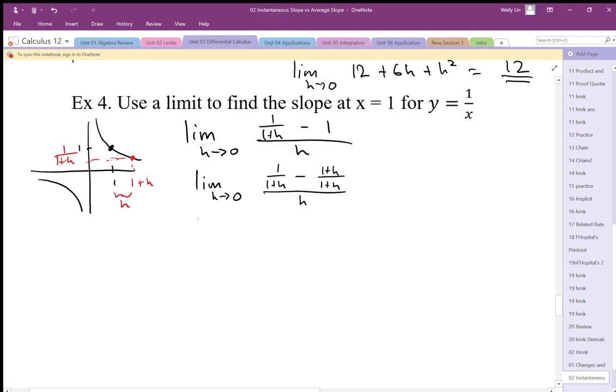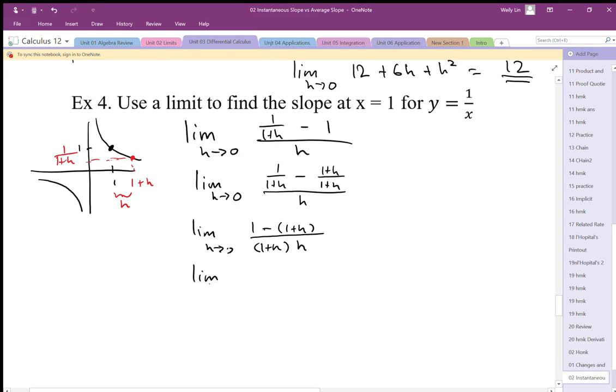So getting my common denominator, I'm going to end up with 1 on this side minus 1 plus h. So I'm going to be left with negative h over the common denominator, and dividing by h, I'm just going to put in the denominator divide by h like that.